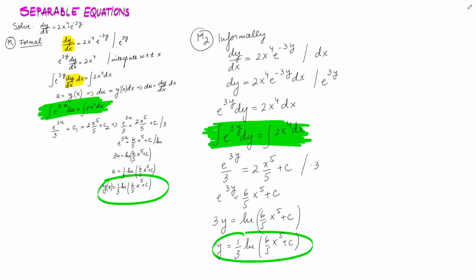But it's good to understand the formal method, because that's the more rigorous method that you want to understand before working on separable equations using a few tricks, basically. I hope this helps.